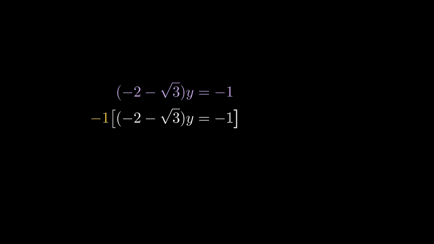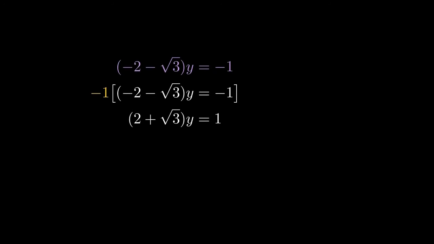Not that I'm against negative numbers, but if I see a nice opportunity to switch them all, then I think it makes it a bit easier. So that's what I'm doing here. So we get everything positive. Now we just solve for y. We'll divide by 2 plus the square root of 3.